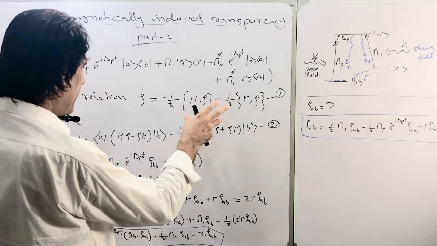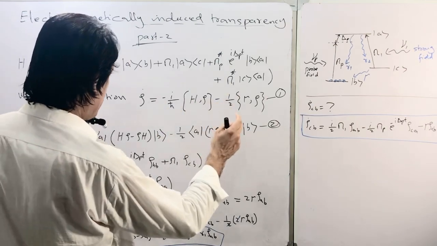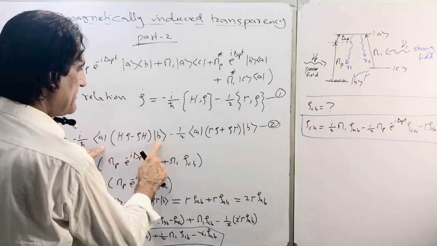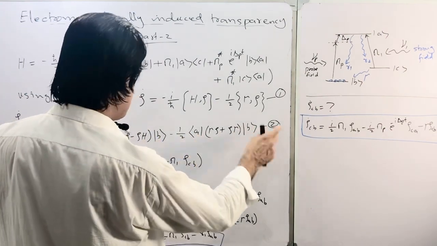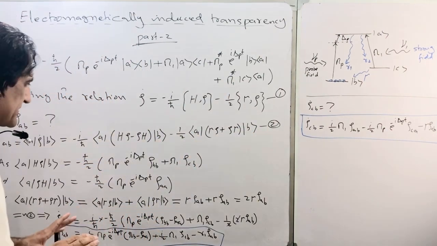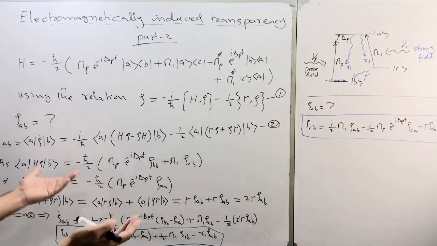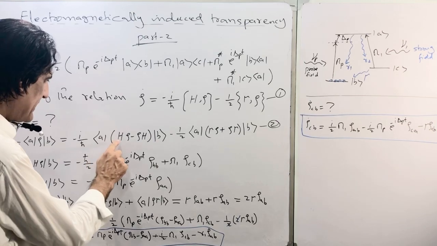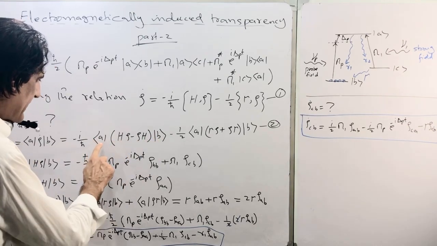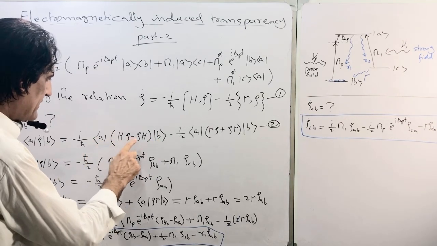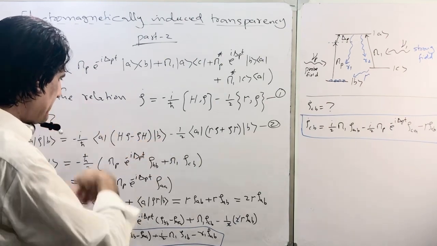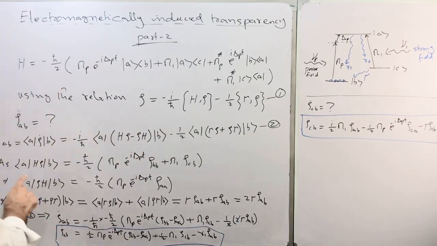And here we can also apply A from this side, B from this side. So A, B, A, and B. This is equation number 2. And for simplicity, I can take this one, A H rho B, and the second one, A rho H B, and separately I can find out.